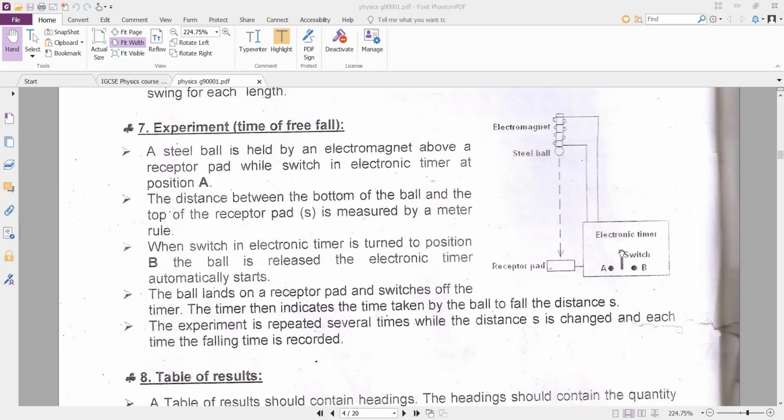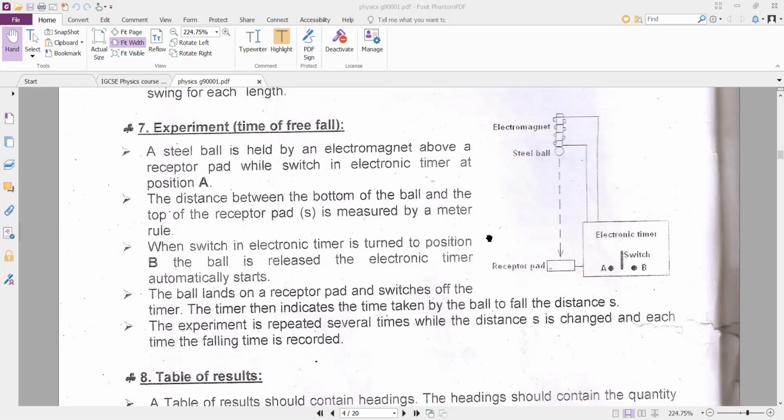Once the ball falls, it calculates exactly the time when the ball hits the surface. This is for a higher-level experiment to find the time exactly.